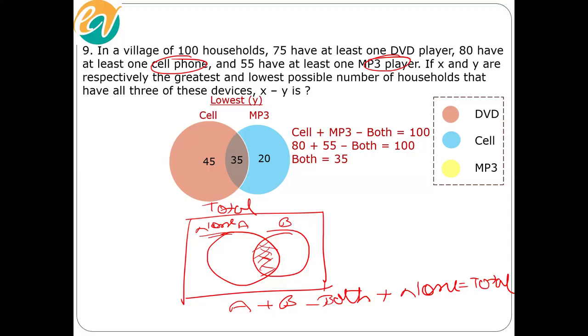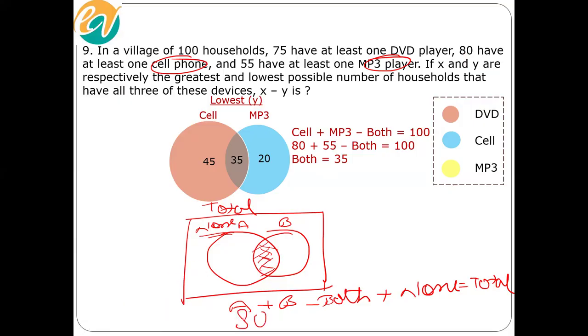Now, if you correspond this with the information that we are given here, capital A, which is, let's say, cell phone, is how many? 80, right? So this is 80.